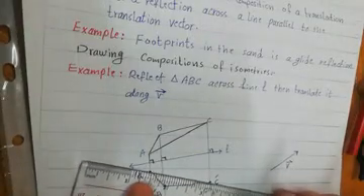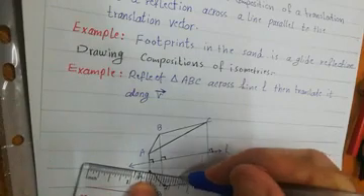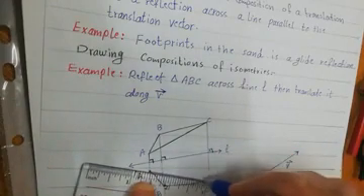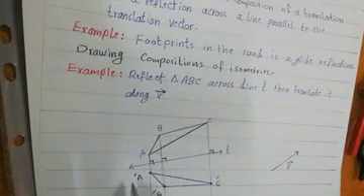This is the image after the first transformation, which is the reflection. So I reflected this across this line. Now this is the image.